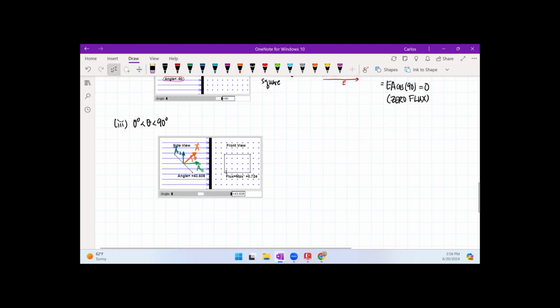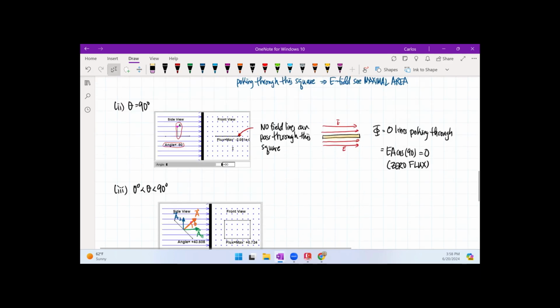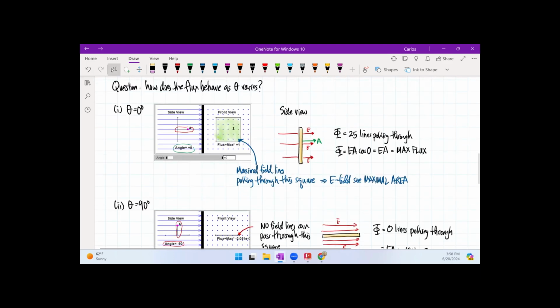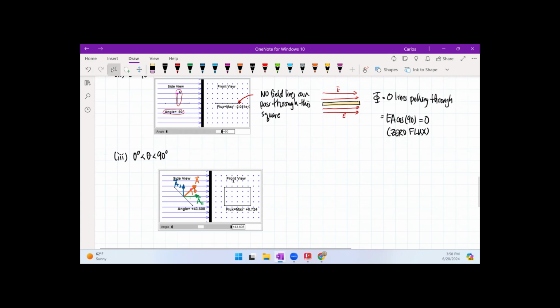Now, if I compare the number of field lines, this is 3 times 5, so that's 15 lines. This is 0, and this one is maximum at 0 degrees because it's 5 by 5, so this is definitely a smaller one. So picture-wise, this is what I was trying to draw earlier.